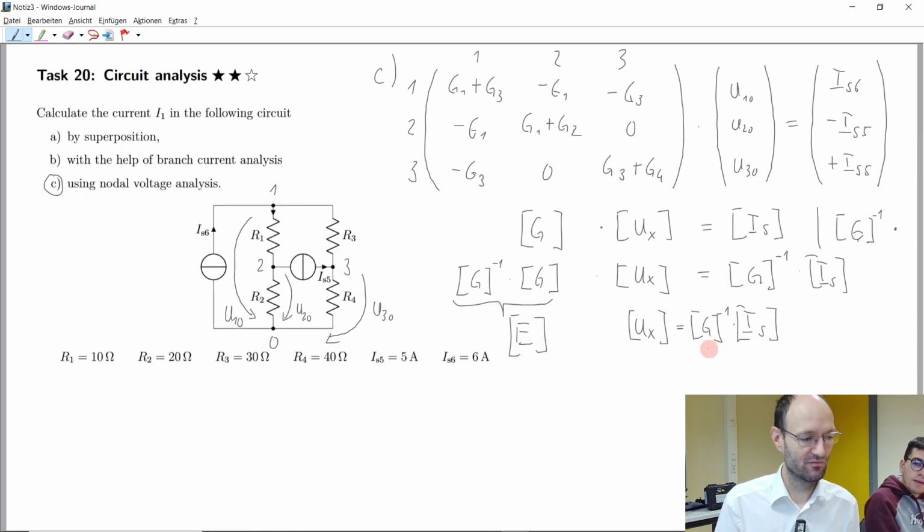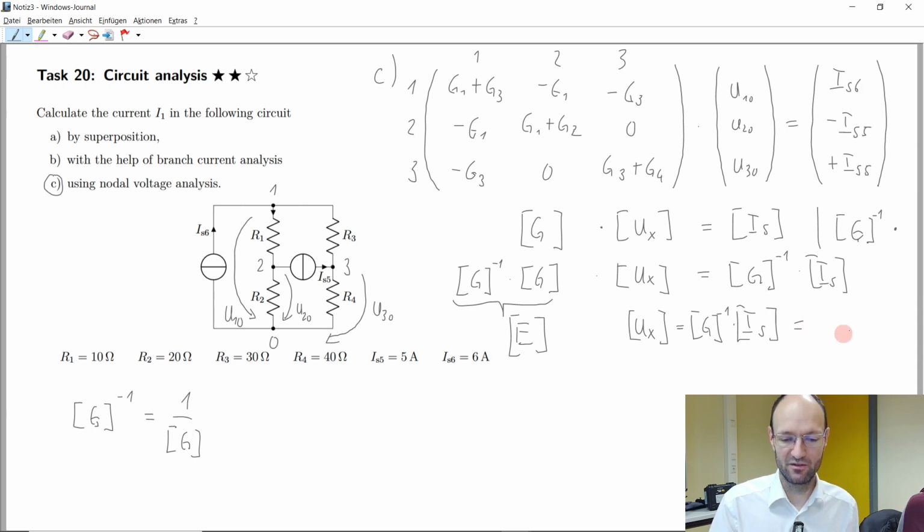Okay, and so one idea to rewrite this would be to write that the inverse matrix could also be written as 1 over the matrix. And so using this, I could also write, okay, this is our source vector.